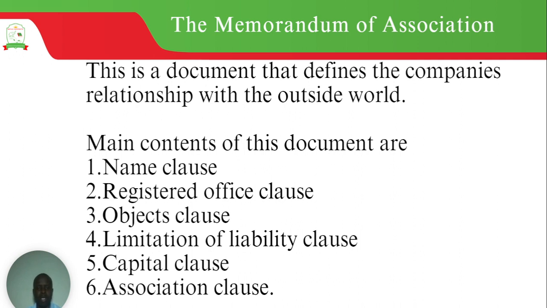So it's very important to know those parts of the memorandum of association, so that as you do any registration, you can find out whether all these details mentioned as the contents have been adhered to, and what they are saying. It is also very important to read the contents of those clauses.